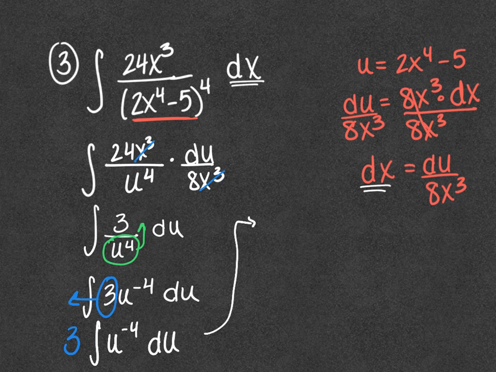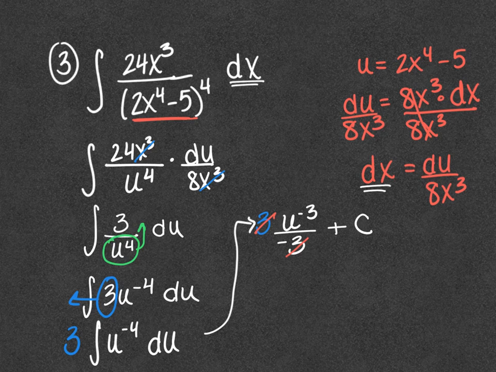So if I go up here to finish it, when I integrate u to the negative 4, remember I'm adding 1 to the power. So u to the negative 3 divided by negative 3 plus c. And then don't forget that 3 that I had in front. Now you're going to notice that this 3 and this negative 3 actually cancel, so that's fun. So these go away.